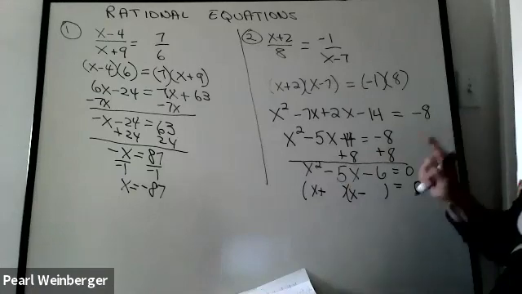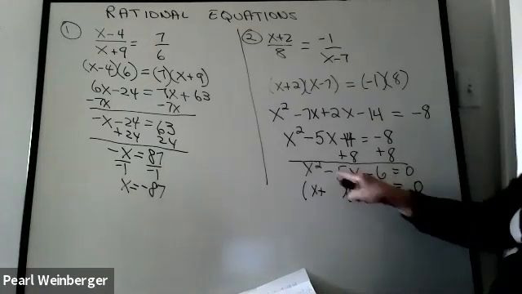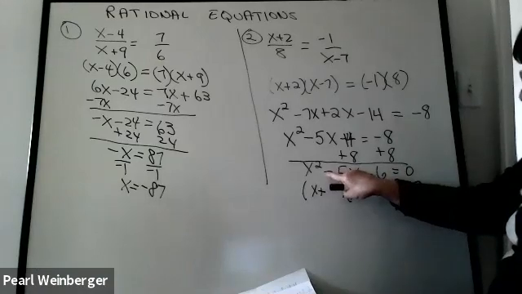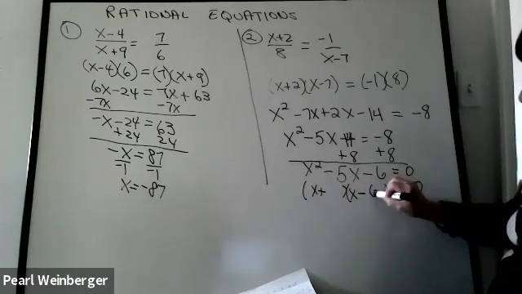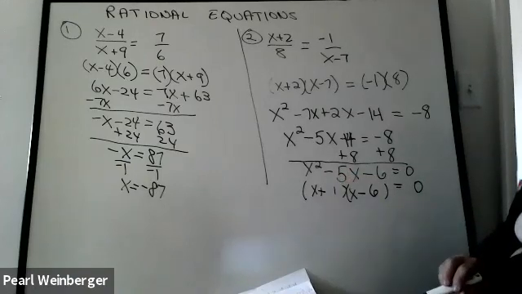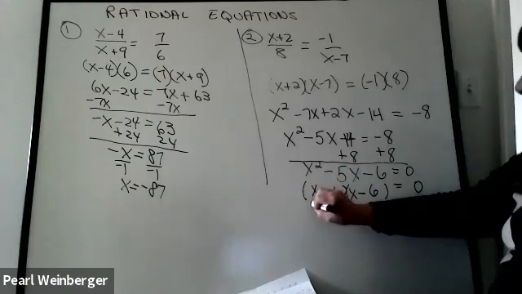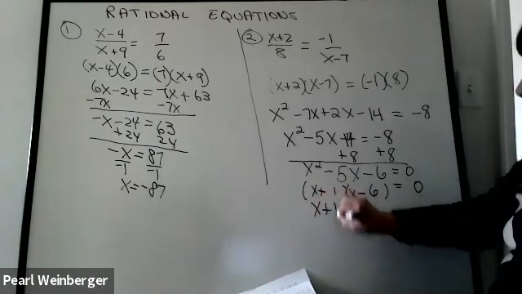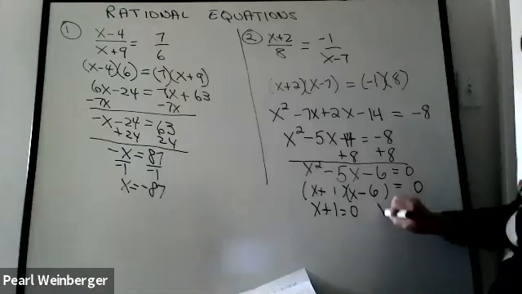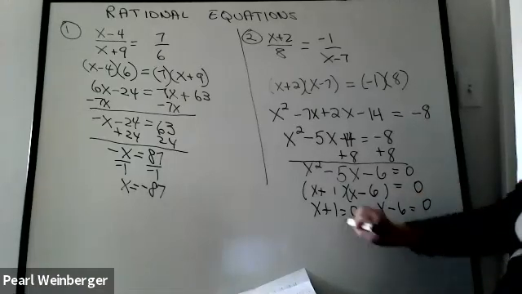Not when I add them, but when I subtract them, which means it has to be 6 and 1. And since the middle term is negative, the 6, which is the larger number, goes with the negative, and the 1 goes with the positive. And then I set each of these equal to 0. So I get x plus 1 equals 0 and x minus 6 equals 0. Remember, I separate them.